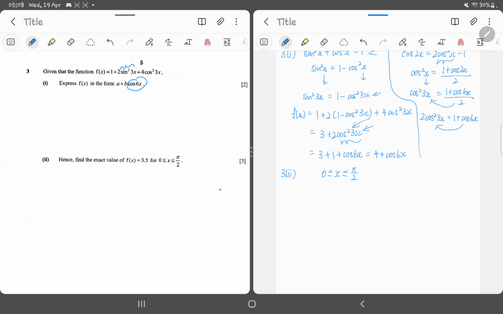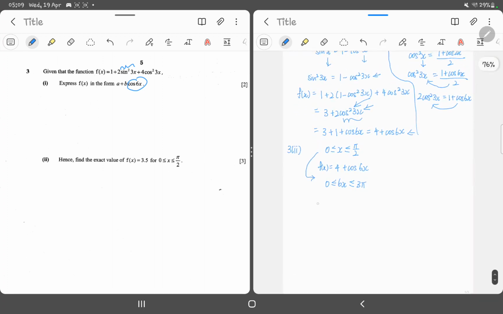Because f(x) is 4 plus cosine 6x, we are looking in terms of 6x. So for this inequality, remember to multiply everything by 6 so that we can see the range of values of 6x, which in this case will be between 0 radians and 3 pi radians inclusive.